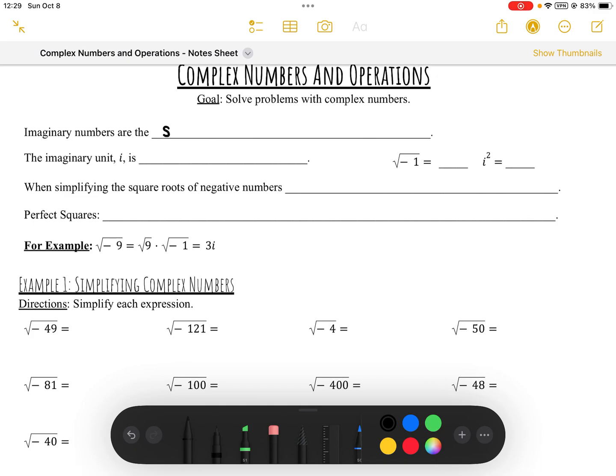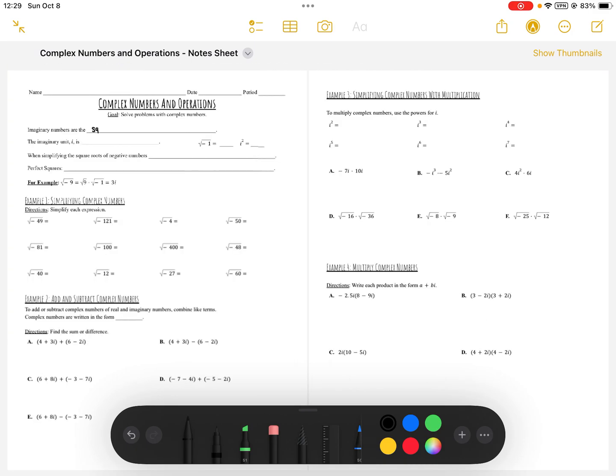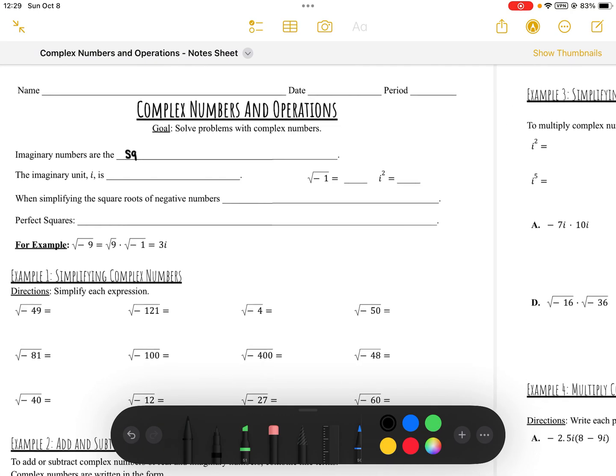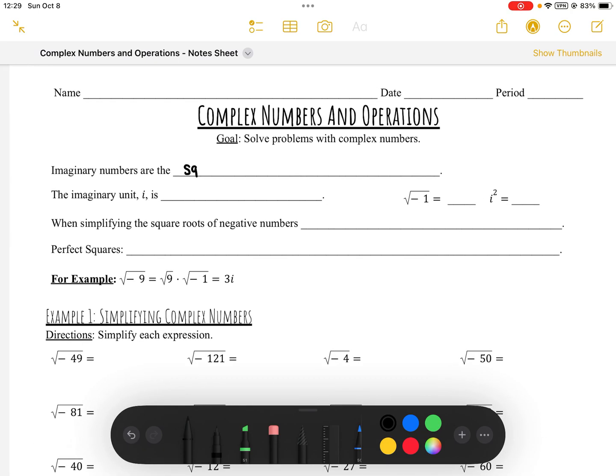So imaginary numbers are the square roots of negative numbers.